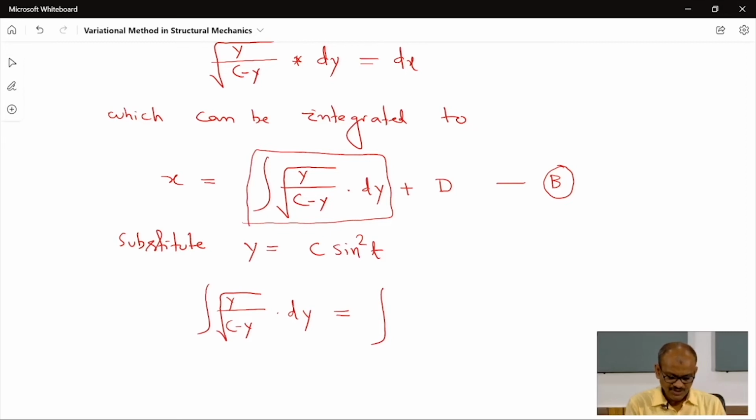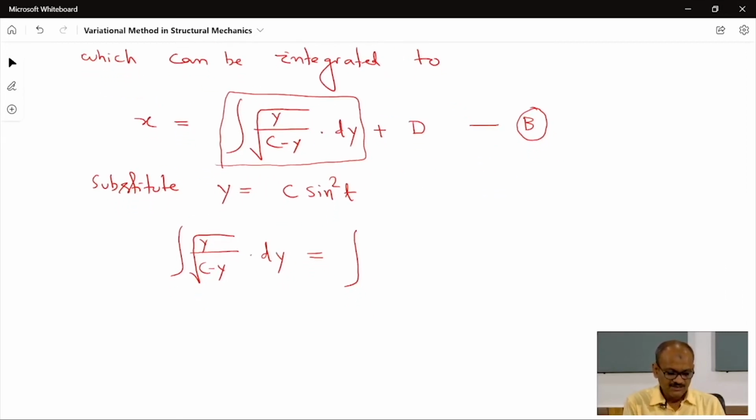We substituted y is equal to c sin square t, so this is root over of c multiplied by sin square t divided by (c minus c sin square t), and dy.